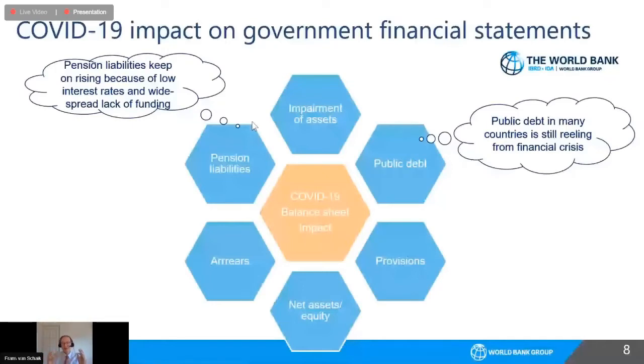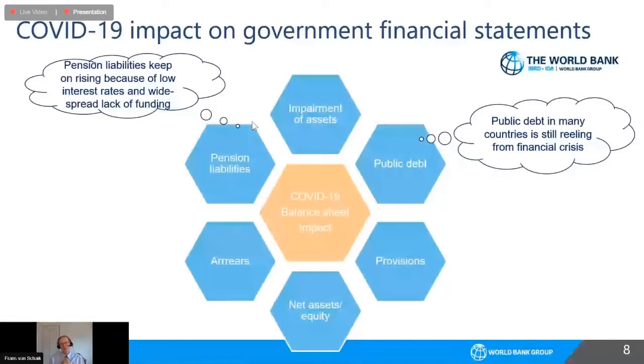If there are doubtful debtors, then you have to impair, and that would, under accrual accounting, hit the deficit for the year right away, just to make clear that the receivables are not anymore at their full face value.